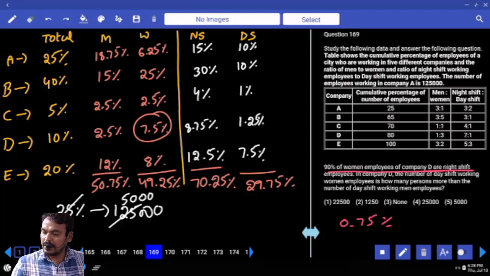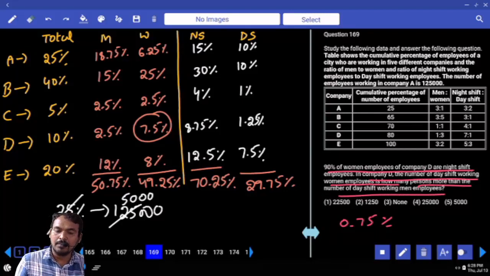In company D, the number of day shift working women employees is how many persons more than the number of day shift working men employees? What is the 90% of 7.5? 6.75.